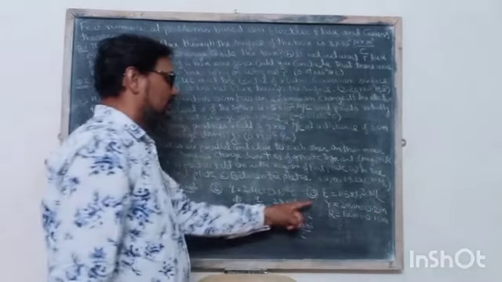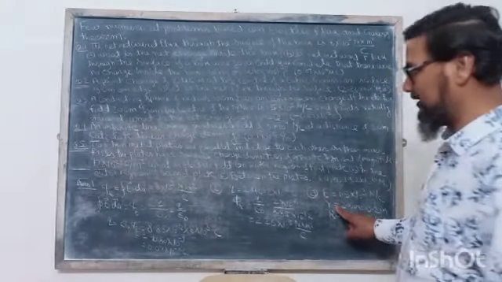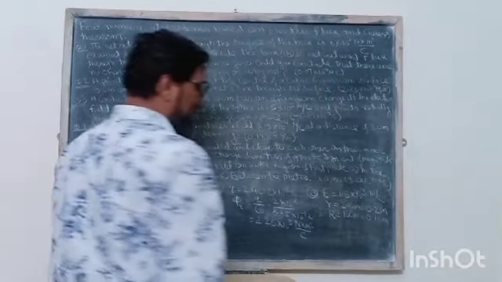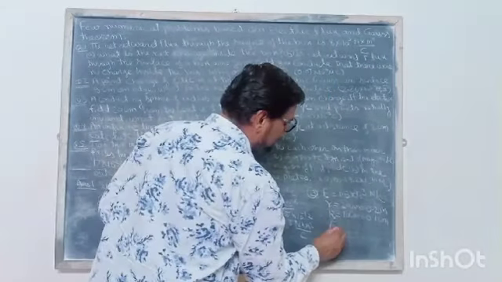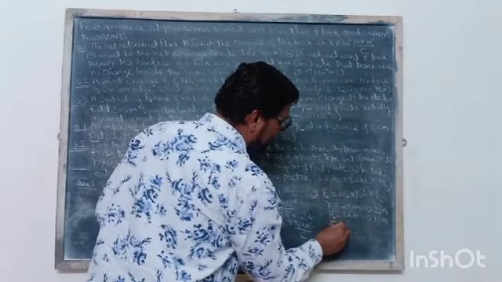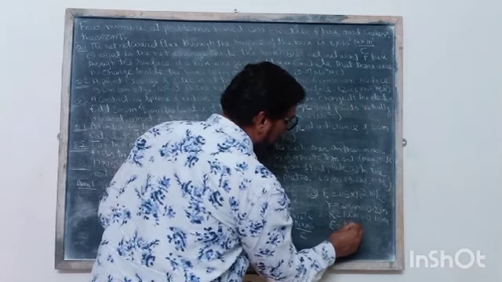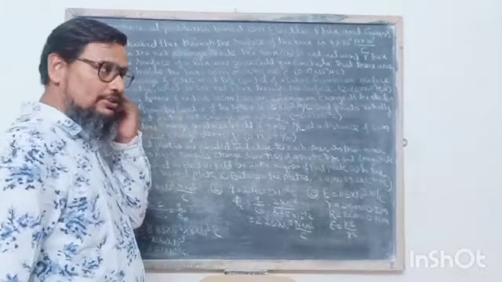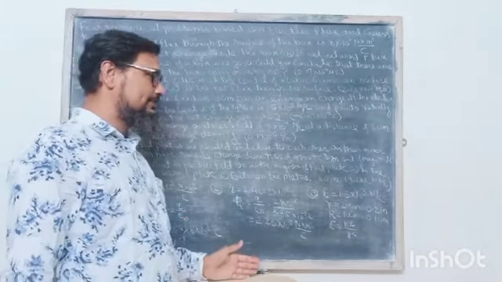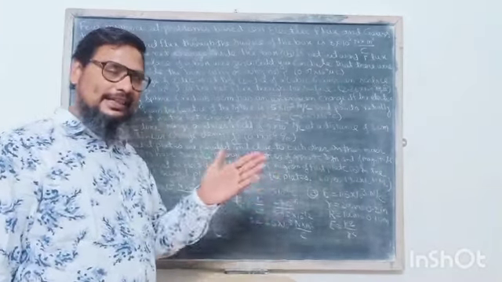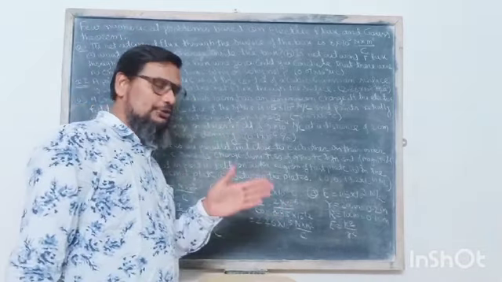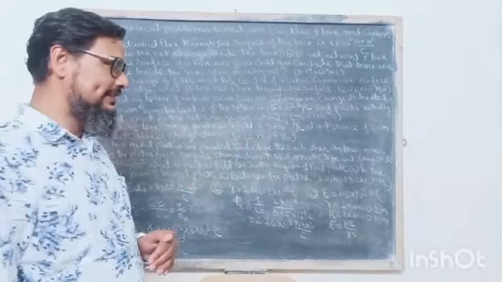This means the point P is situated outside the sphere, and in this case we know that the electric field intensity due to a conducting sphere is kq upon r square, because a conducting sphere behaves like a charged spherical shell, because no charge exists inside the conducting sphere.